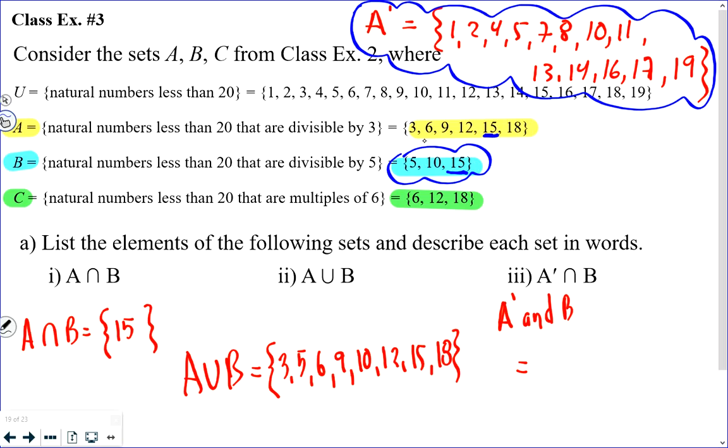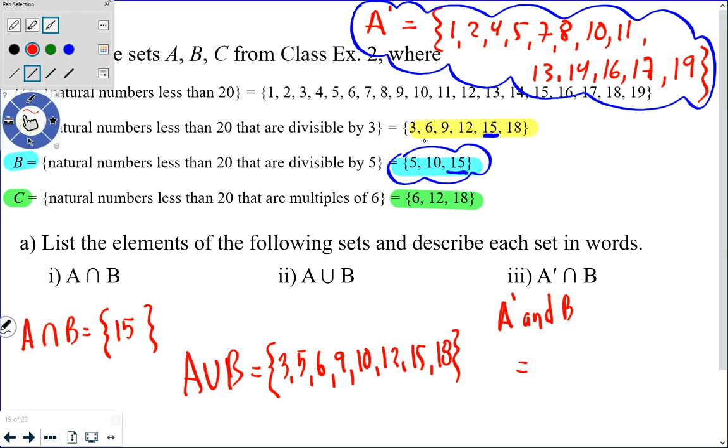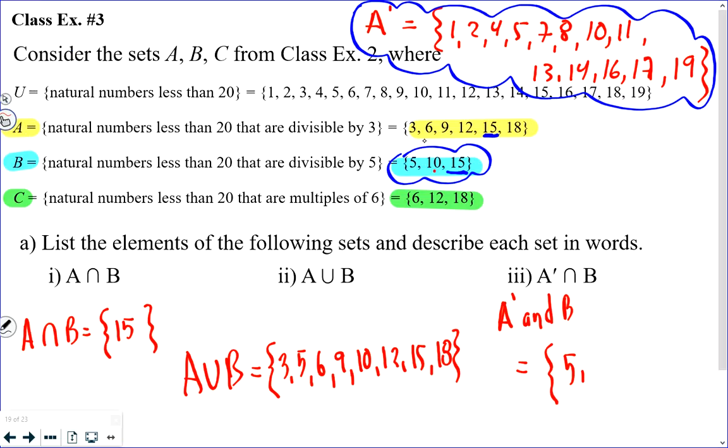Look at the number 5, which is in B. Is 5 also in not A? Yes, it is. That means 5 is part of the set of the intersection of not A and B. The next item in the smaller set is 10. Is 10 also in not A? Yes, it is. The next item is 15. Is 15 in not A? No. So that's it. 10 and 15.